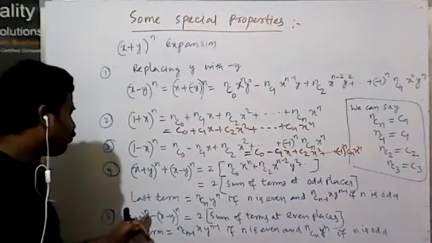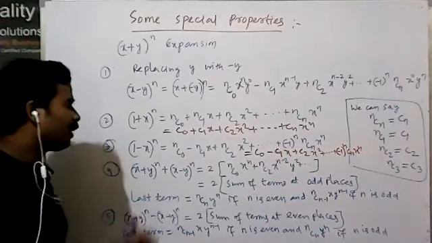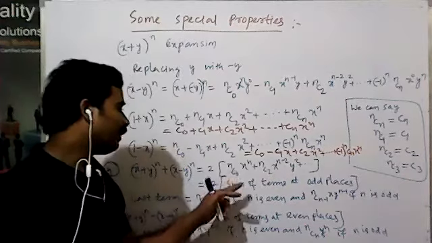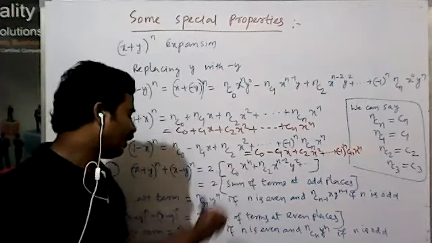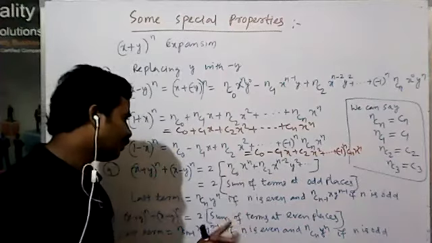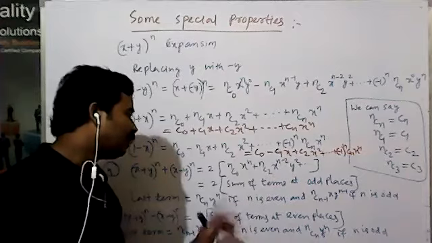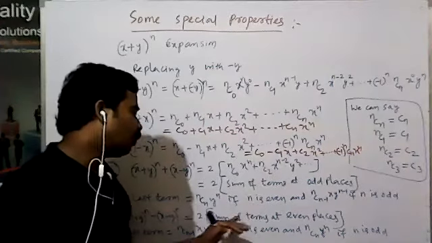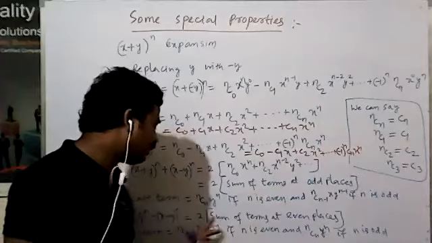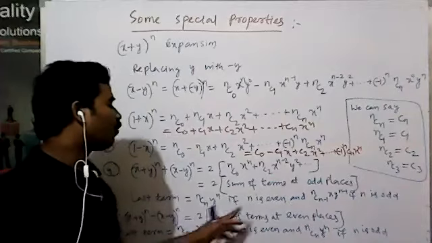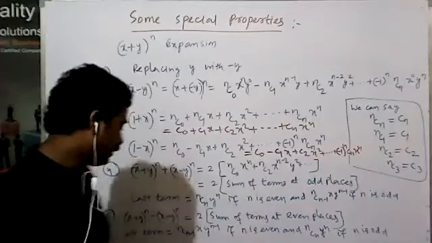Similarly, x plus y to the power n minus x minus y to the power n, if you write, that is the same concept, but whatever nc0 x to the power n, either nc1 x to the power n minus 1 plus nc2 x to the power n minus 2 y to the power 2. Similarly, sum of terms at even places, this will come twice, so 2 into sum of terms at even places.